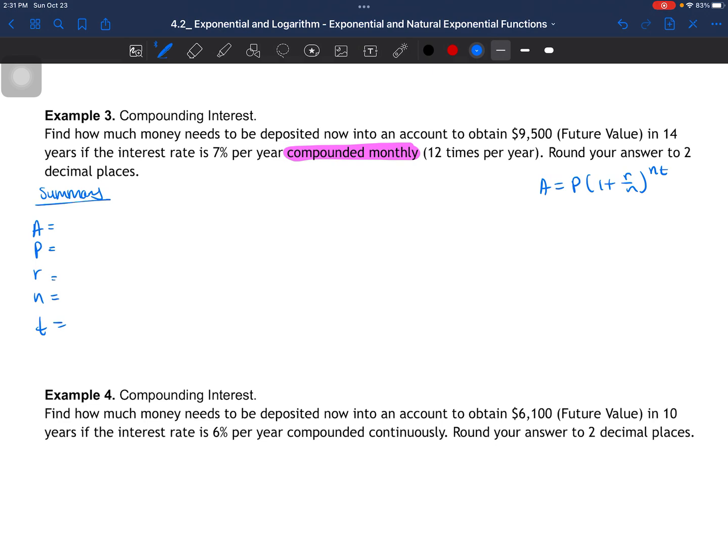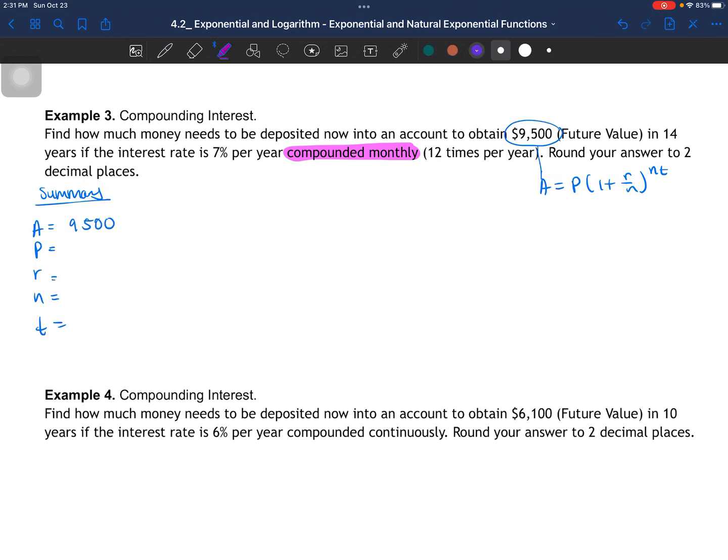So if you think about this problem, this is a little bit different than the previous problems because in this case they're asking you how much you need to deposit into the account. That means at the beginning of your investment, so that in the future, after 14 years, you have $9,500.